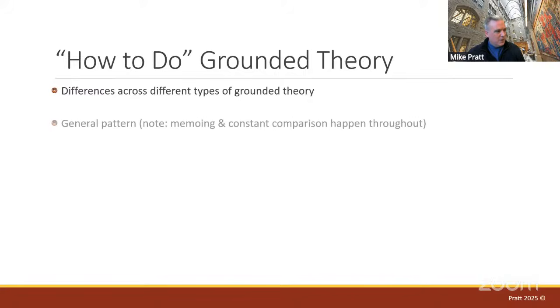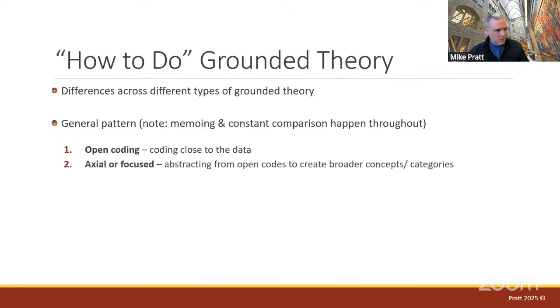So, in general, in grounded theory you're going to do the different types. All grounded theory talks about memoing throughout the process. You're taking notes and constantly comparing the data points. When you start, the logic is I'm going to start with open coding, which is close to the data, in vivo codes, very descriptive codes.